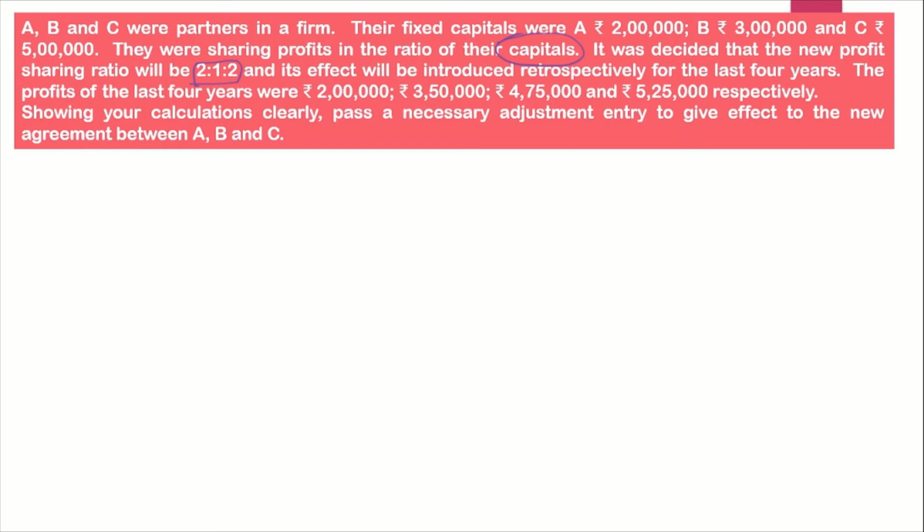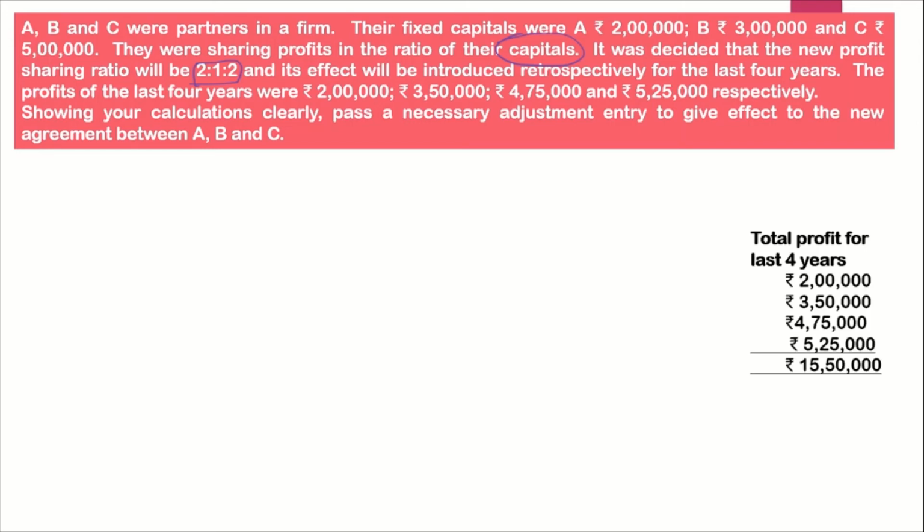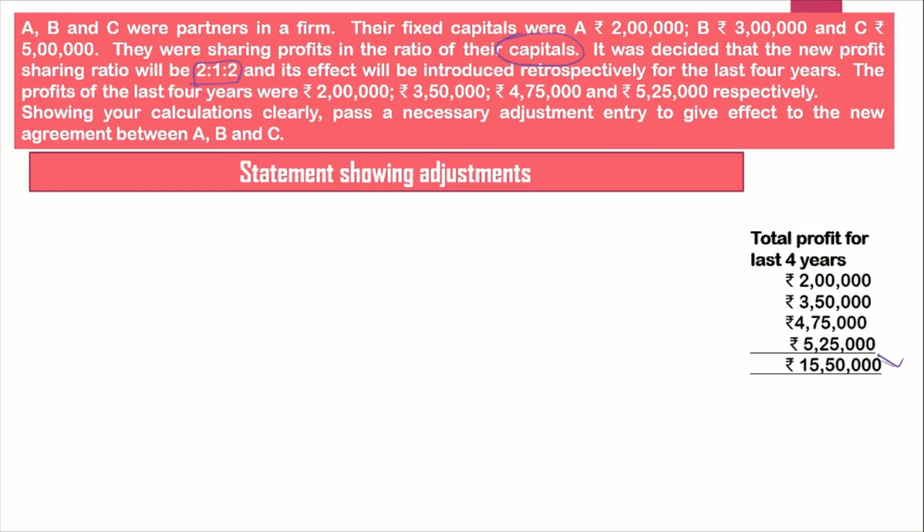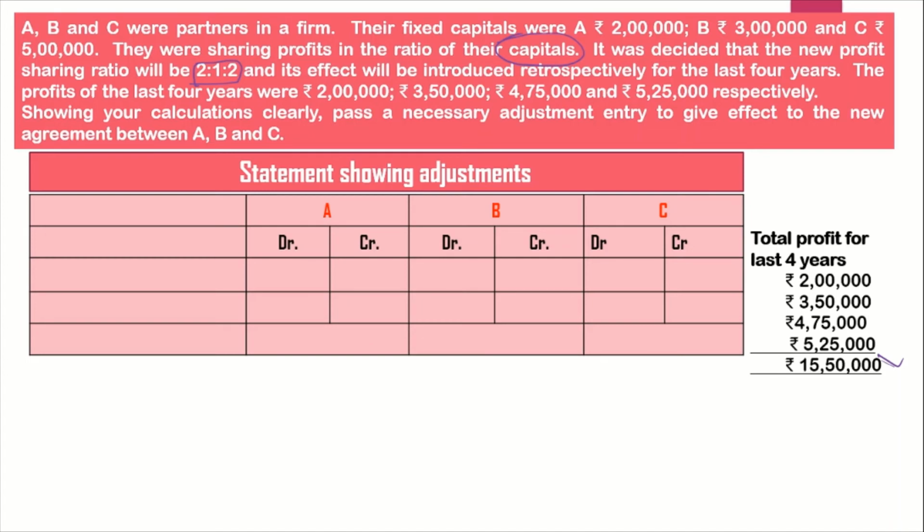Okay, so instead of going for each and every year, we can calculate the total profit. All these profits, 2 lakh, 3 lakh 50, 4 lakh 75, 5 lakh 25, give me 15 lakh 50,000. So I'm going to find out the effect from this only. Now I have again A, B, C, three columns, debit, credit, debit, credit.